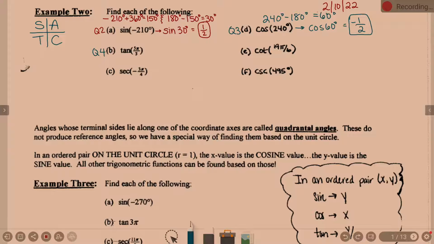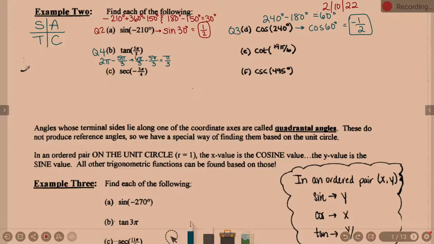Are you following here? If I'm going to do 2 pi minus 5 pi over 3, then really I need to do 6 pi over 3 minus 5 pi over 3. And 6 pi over 3 minus 5 pi over 3 is pi over 3.